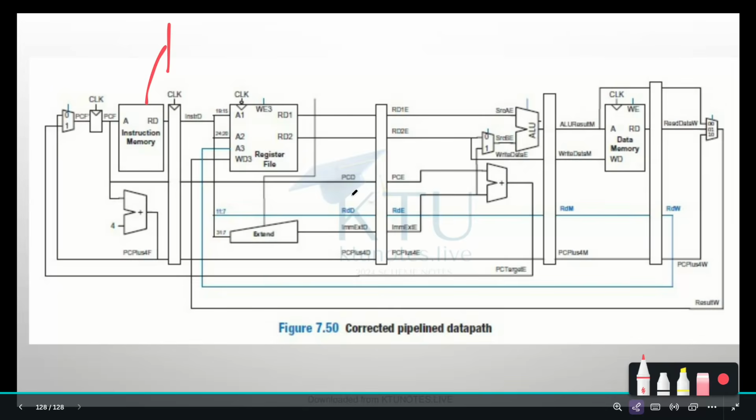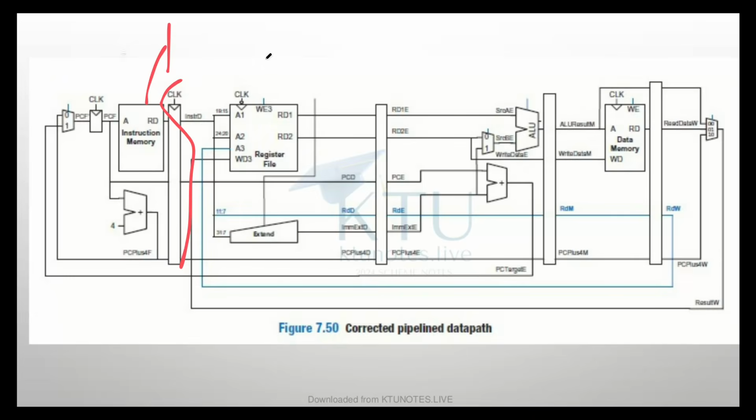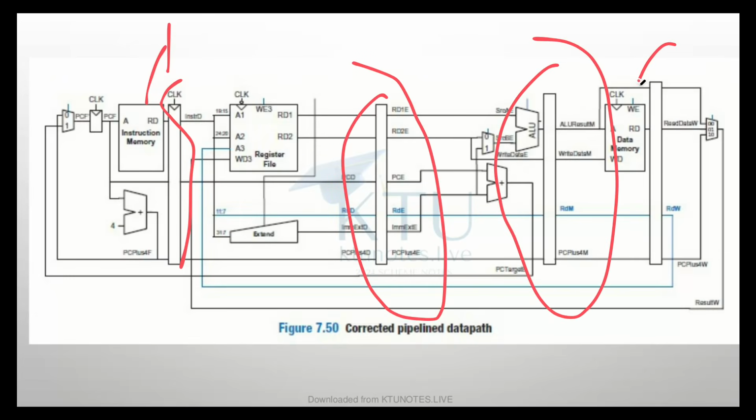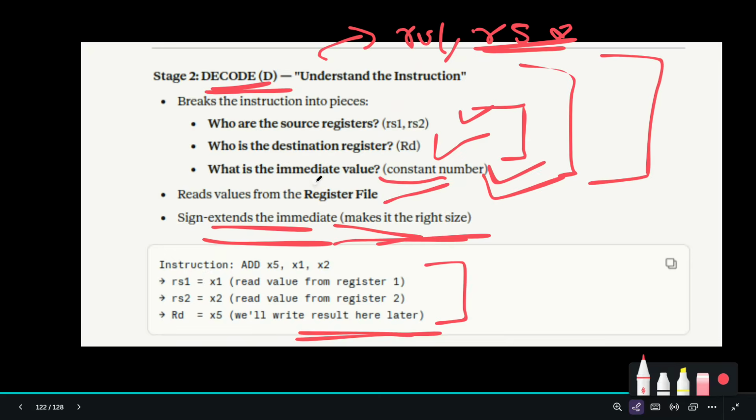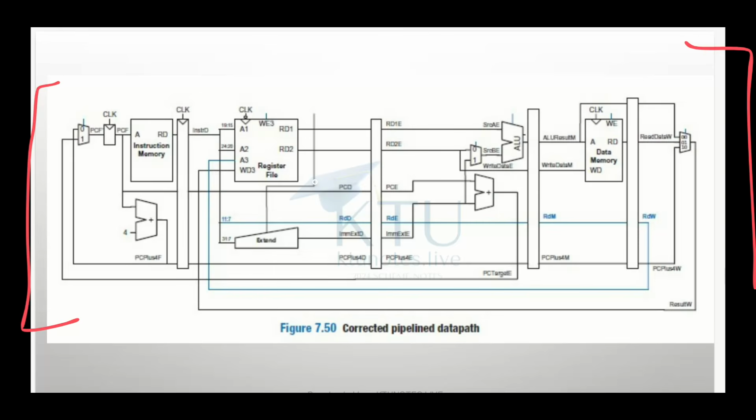Between each of these stages are these rectangles. These rectangles are the pipeline registers. That you have to understand.